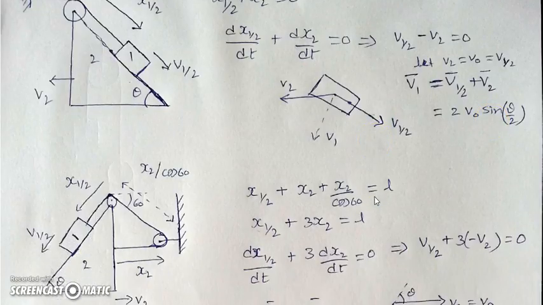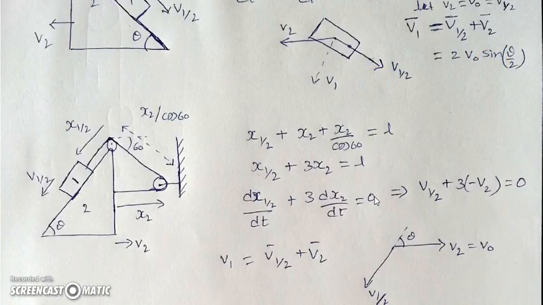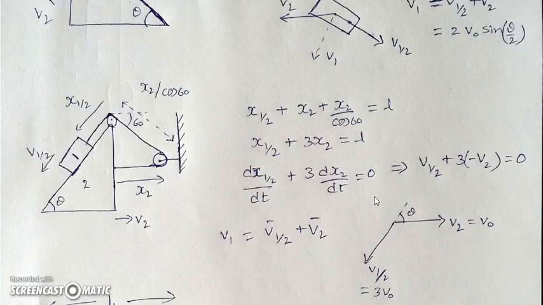Similarly, in the second example, we can see that again the block is moving on wedge number 2, and we have to form the constraint from this point. This is the location of block 1 with respect to 2. This is again x2 from a fixed point. So this will be x2 by cos 60, so it can be 2x2.